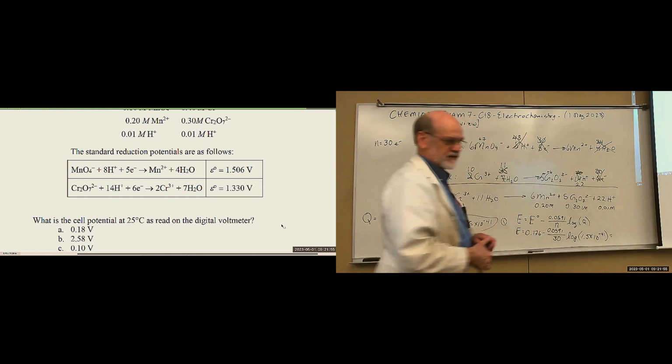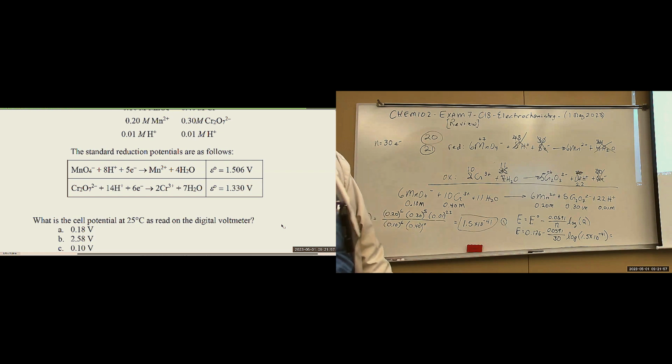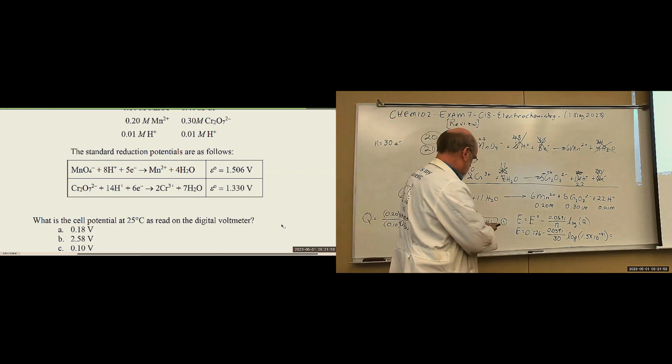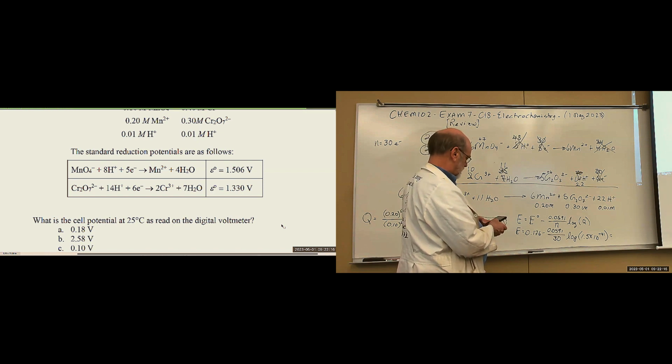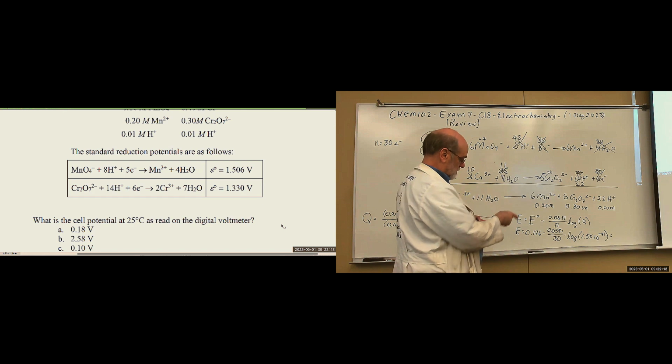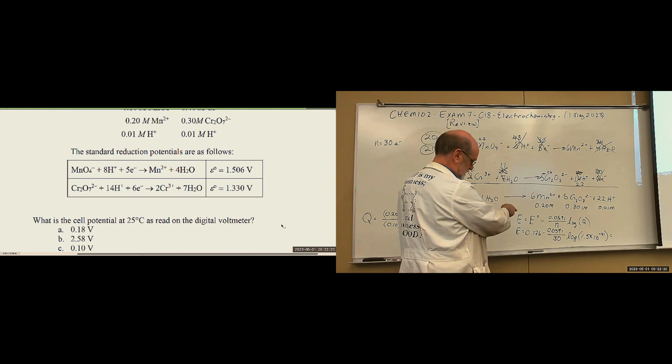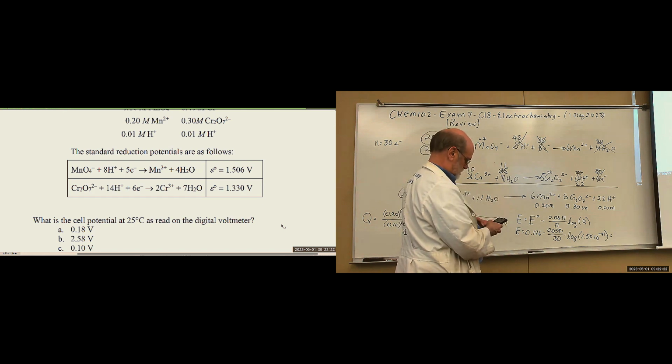Okay, let's see if I can do this one without messing up. I'm going to take the log first. 1.5 times 10 to the minus 41. Take the log of that, then times 0.0591 times that, divided by 30. Okay, and then it's a negative value with a negative in front of it, so it's a positive.